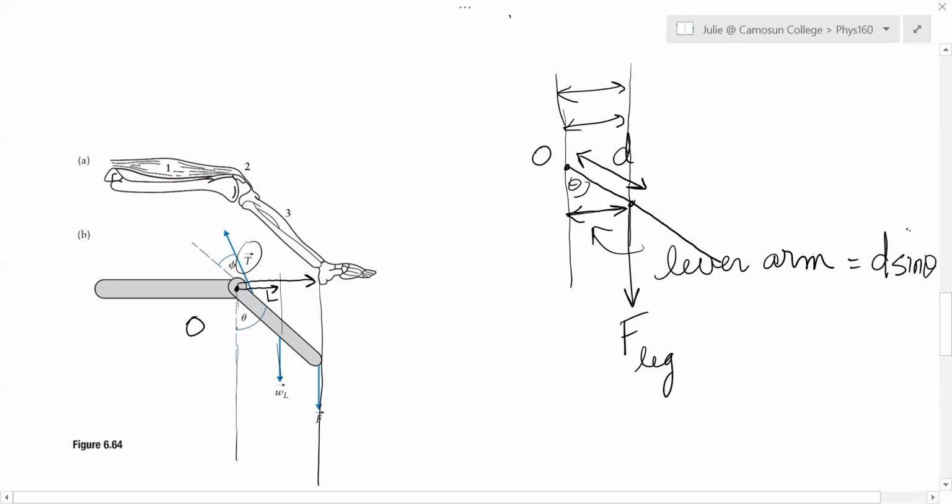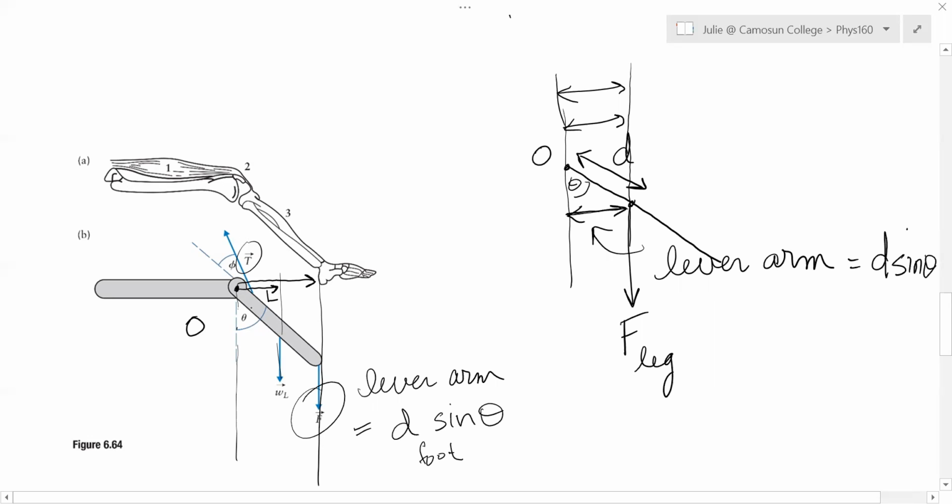Okay, so that's opposite the angle theta. And it would be the same for this guy. The lever arm would equal distance along your whole leg all the way to your foot, and still sine theta. D foot. Okay, now what about that tendon?